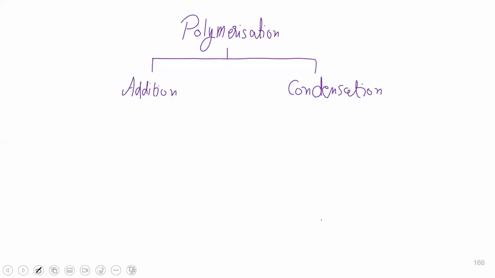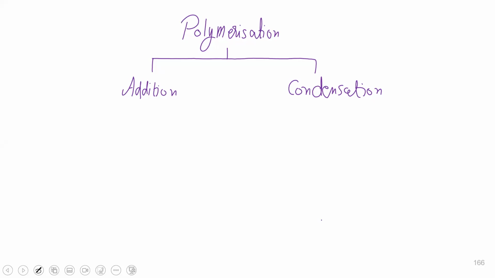Now, can you recall, there are two types of polymerization. One is called addition polymerization, and the second is called condensation polymerization.